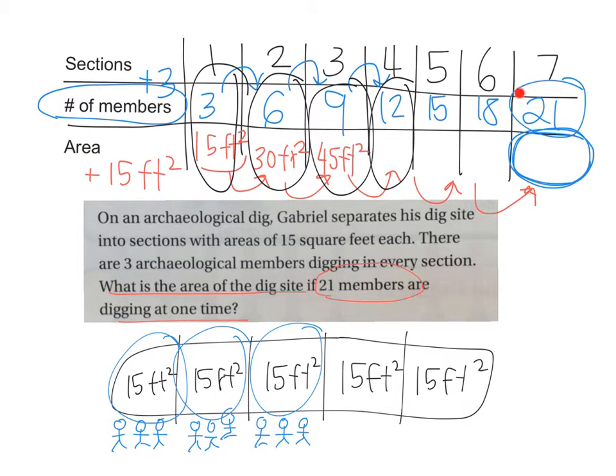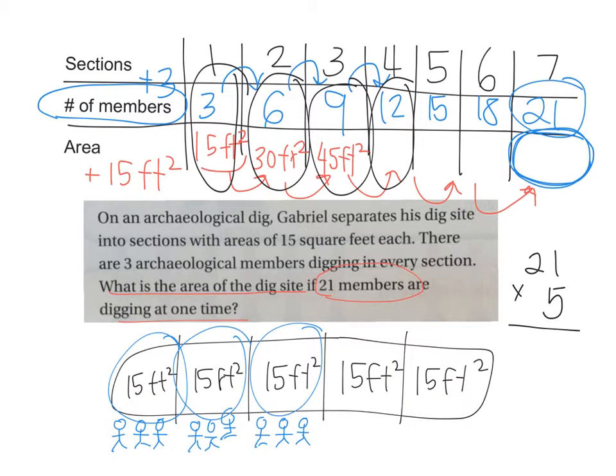So if I know that there are 21 members digging here, how can I figure out the total area of the dig site? Adam? I would have to do 21 times 3, which is 63. Would you do 21 times 3? I mean 21 times 5. Why would you do 21 times 5?